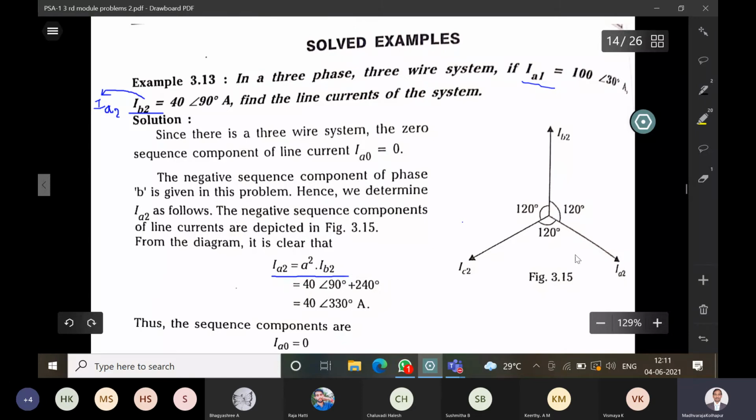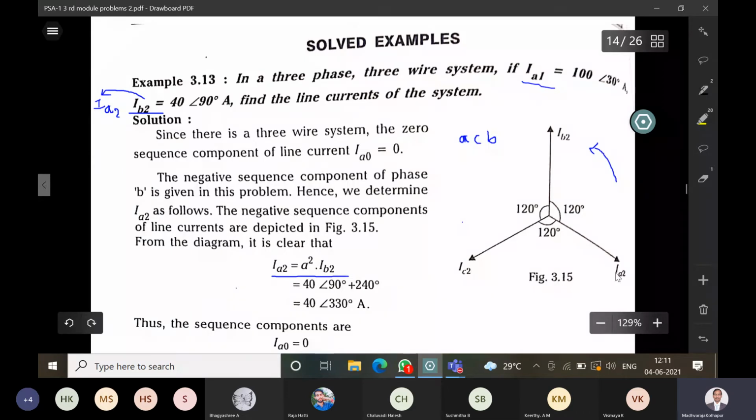So negative sequence components, A, C, B. In negative sequence component, what is the phase sequence? It is not ABC, this is ACB.